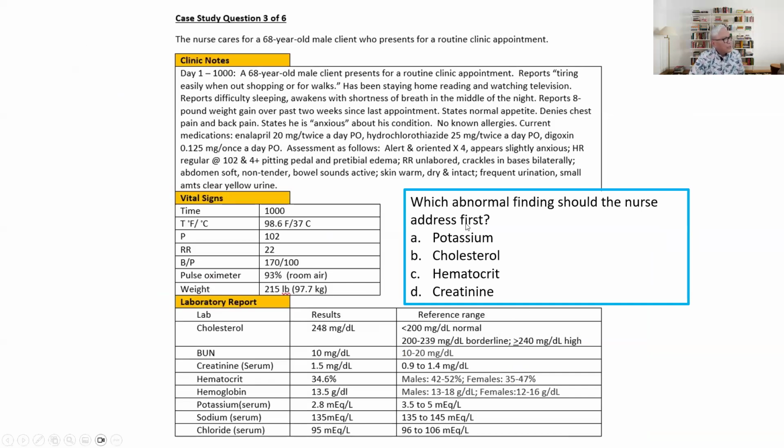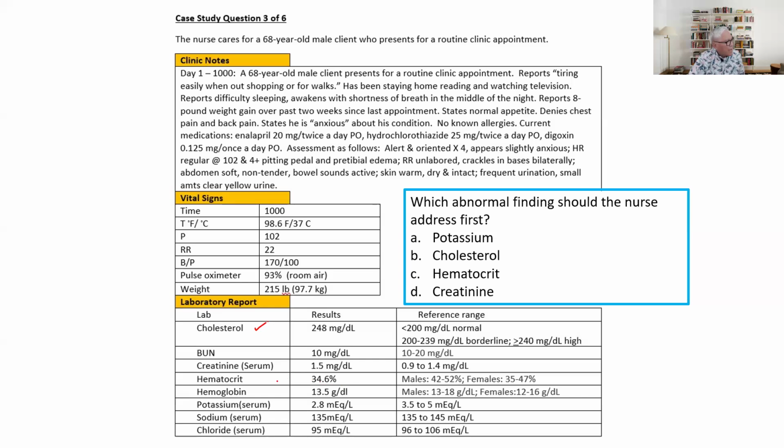Let's move on. It's still the same findings, but now you're given a laboratory report. Our cholesterol is 248. That's high because our goal is 200. Your BUN is 10, it's normal. Your creatinine is 1.5, slightly elevated. That's okay. Hematocrit is 34.